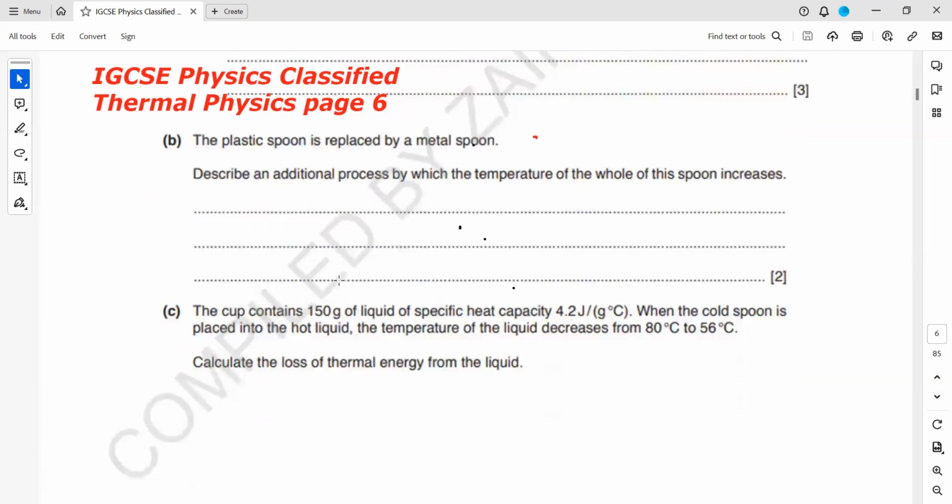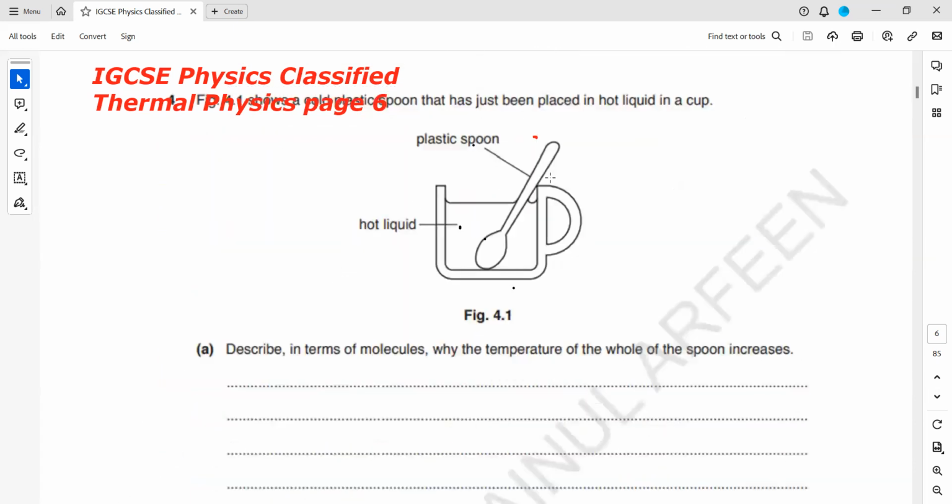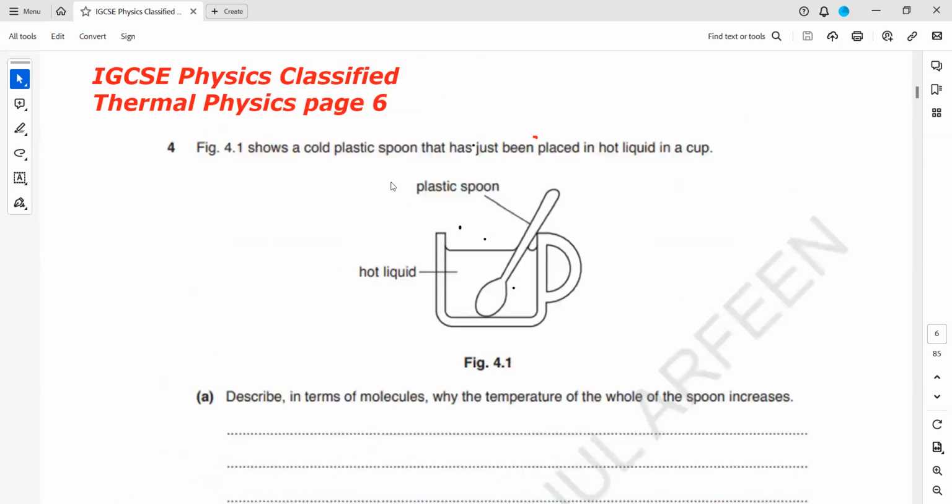The plastic spoon is replaced by a metal spoon. Describe an additional process by which the temperature of the whole of this spoon is increased. First we had a plastic spoon, but now this plastic spoon is being replaced by the metal one. So what will happen as a result?